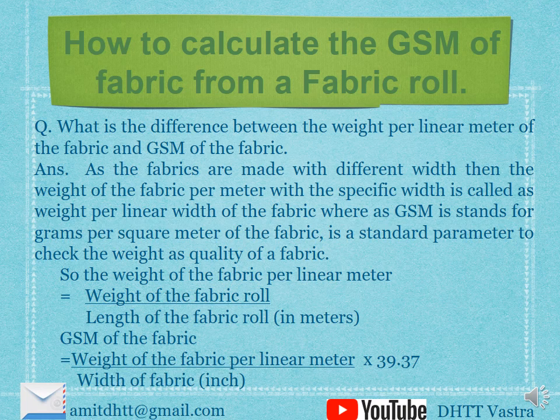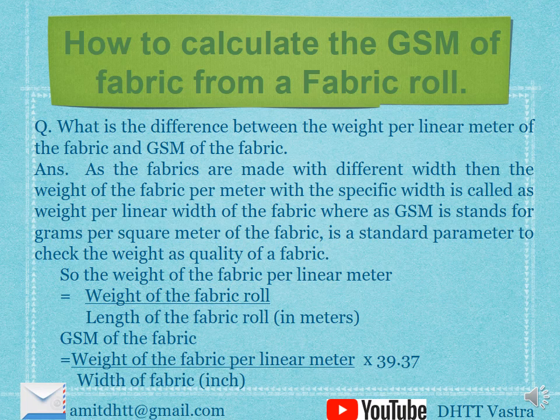Okay. The weight of the fabric per linear meter you can calculate easily by just dividing the weight of the fabric roll by the length of the fabric roll in meters. Then to calculate the GSM from the linear weight, we take the weight per linear meter of the fabric divided by the width of the fabric in inches, multiplied by 39.37.